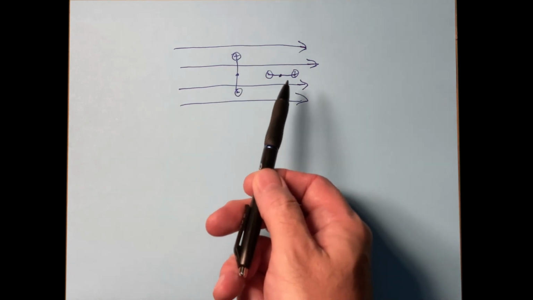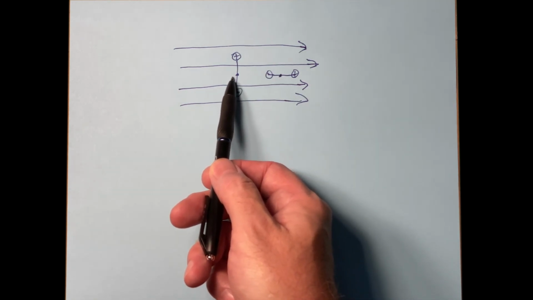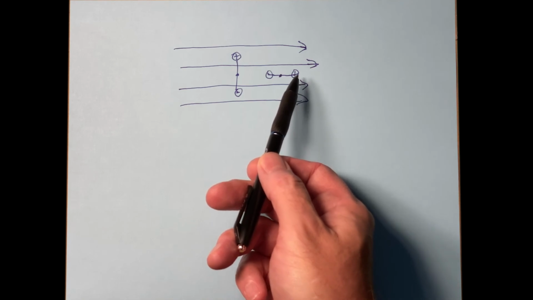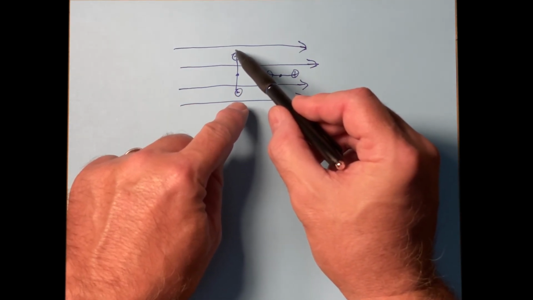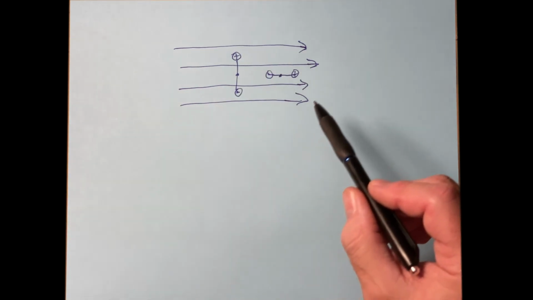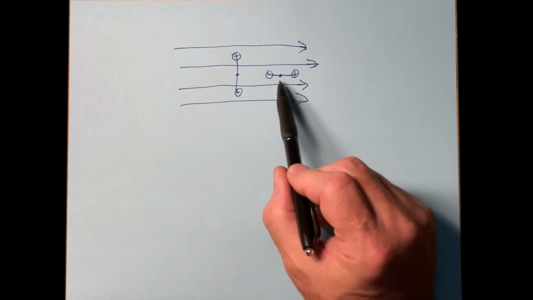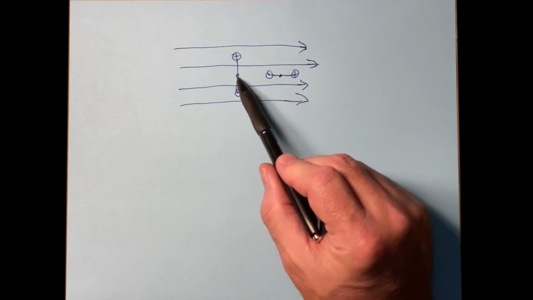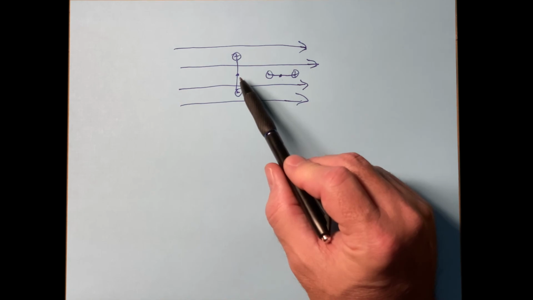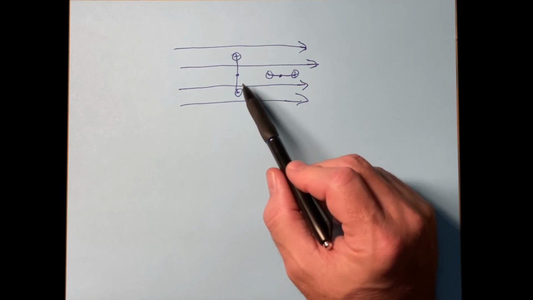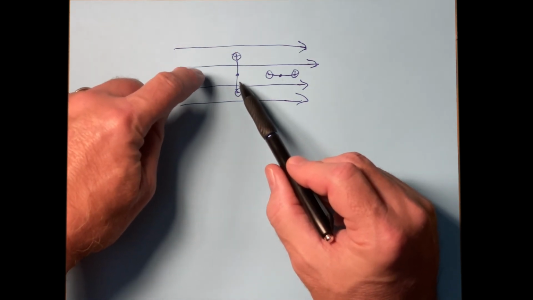In other words, to go from this to this requires you to literally twist the dipole and put it in that position. So energy has to go into the system in order to go from here to there. That's another way of saying that potential energy is stored in the system in this position. And the same would be true if you went even farther.